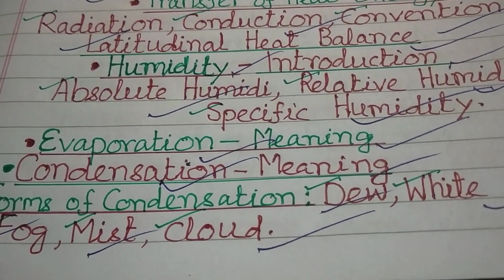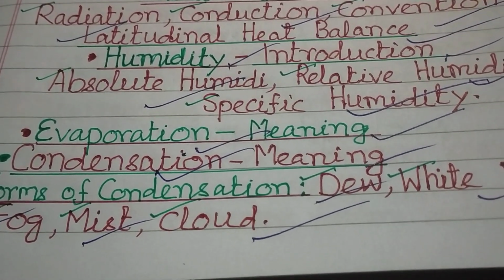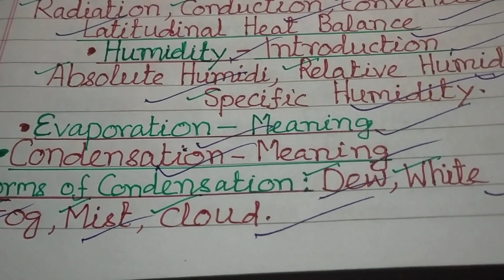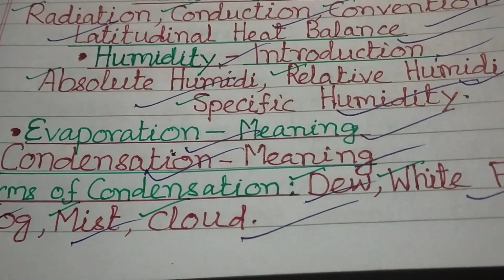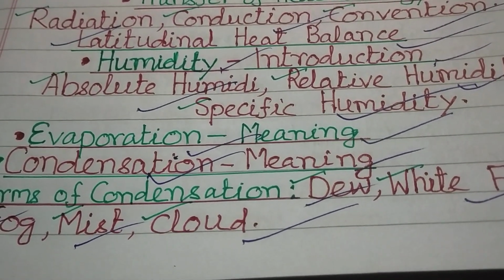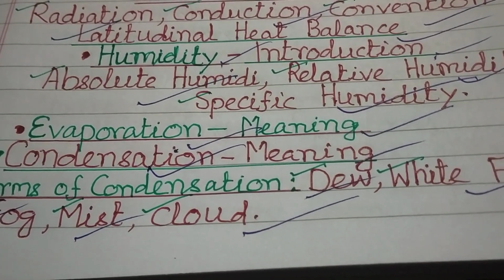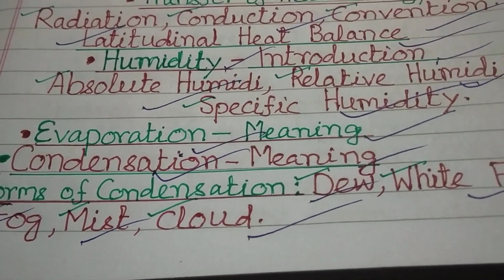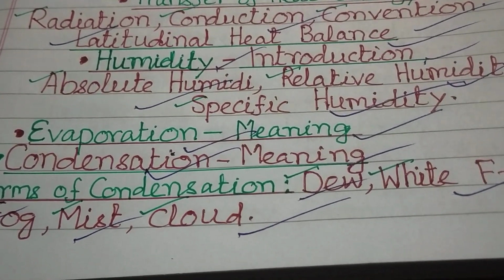These are called frontal or precipitation fog. Then the next form of condensation is mist. This is also a kind of fog in which the visibility is more than 1 kilometer but less than 2 kilometers.